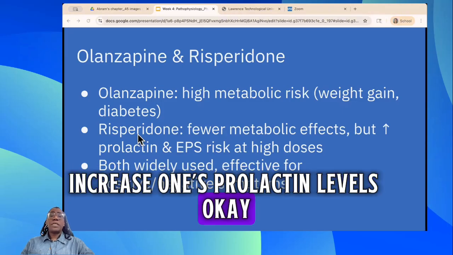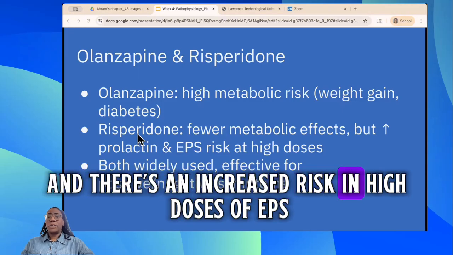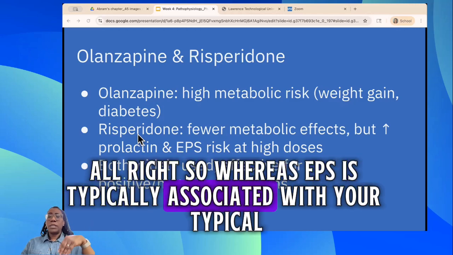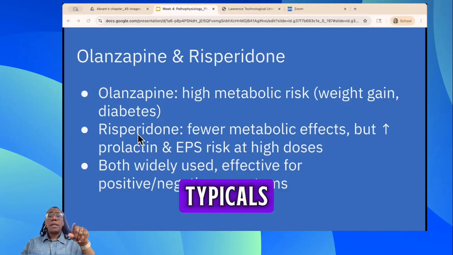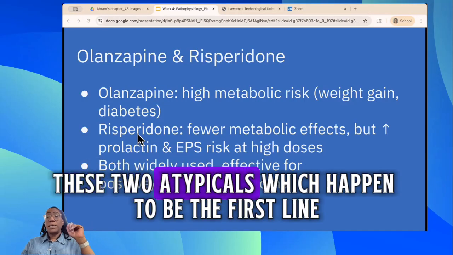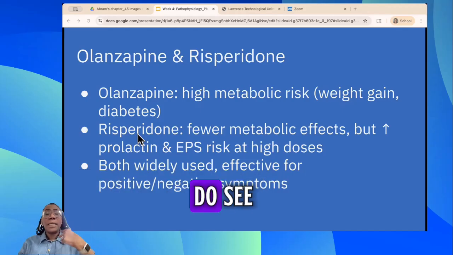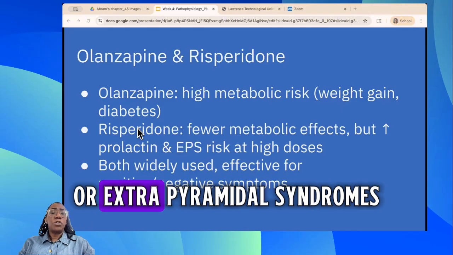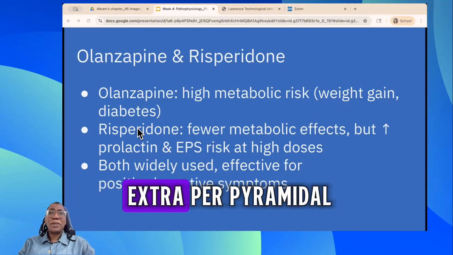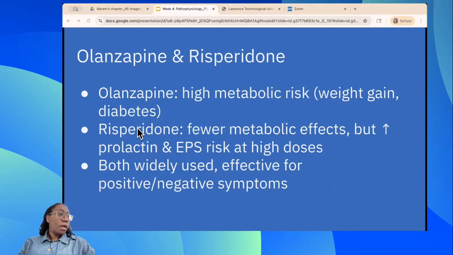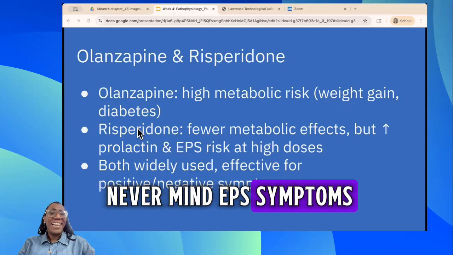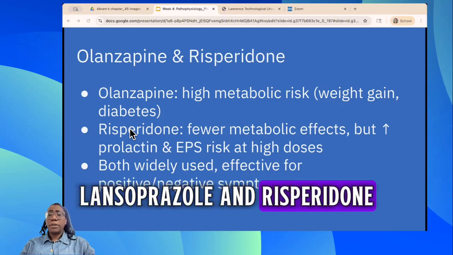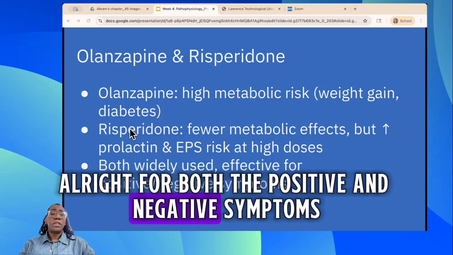Okay. And there's an increased risk in high doses of EPS. All right. So whereas EPS is typically associated with your typicals, these two atypicals, which happen to be the first line, do see EPS risk, or extrapyramidal symptoms. Both are widely used, olanzapine and risperidone, for both the positive and negative symptoms.